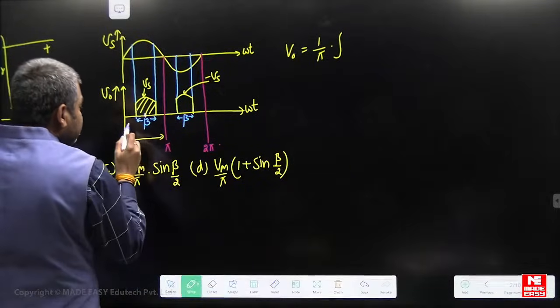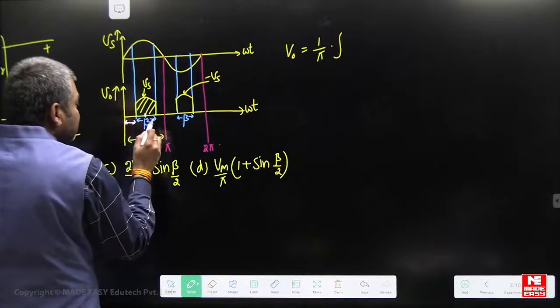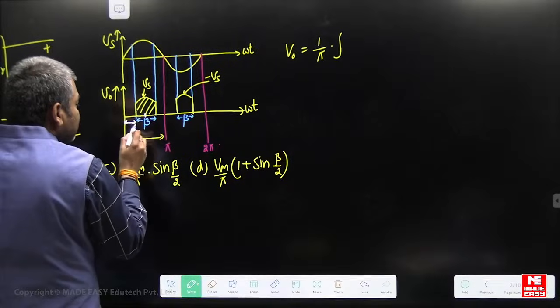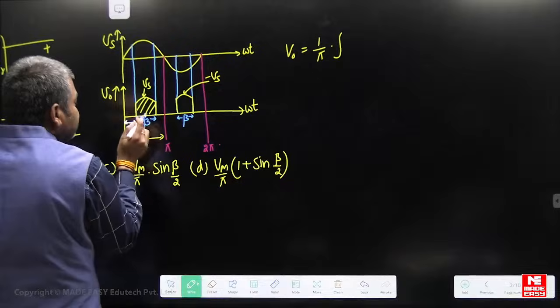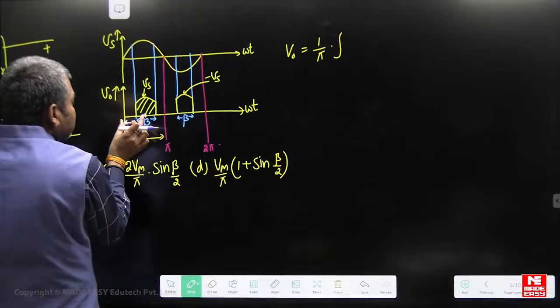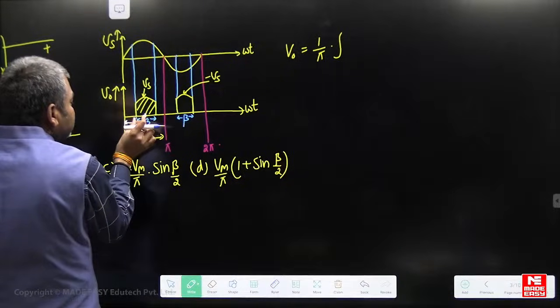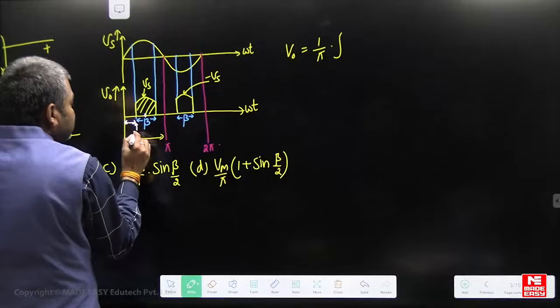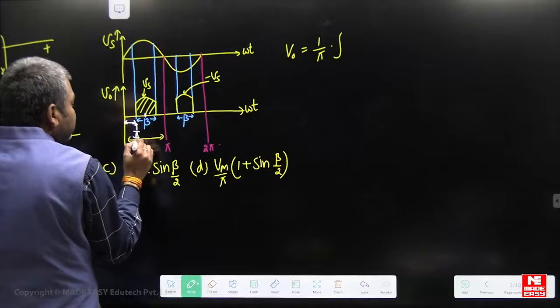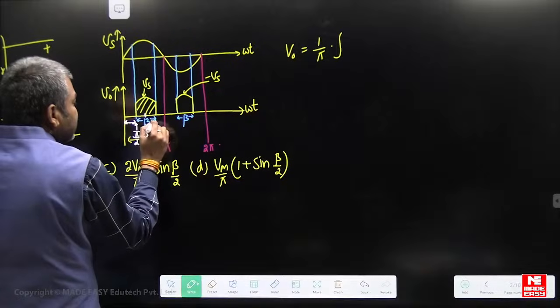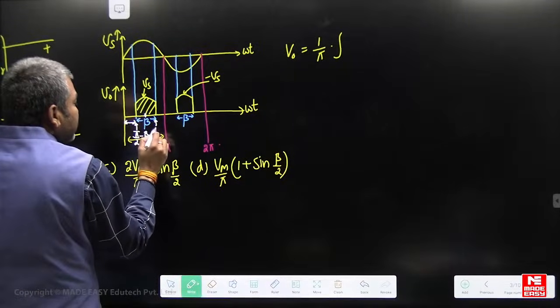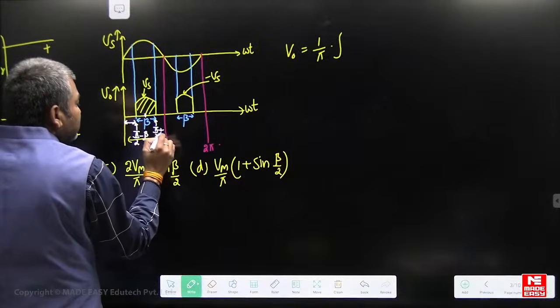This angle is pi by 2 minus beta by 2, and this angle is pi by 2 plus beta by 2.